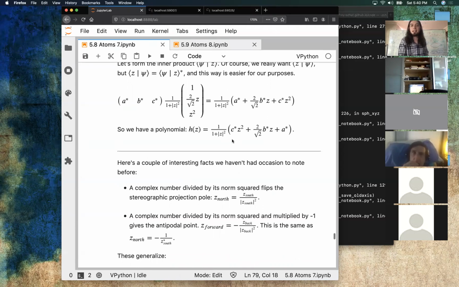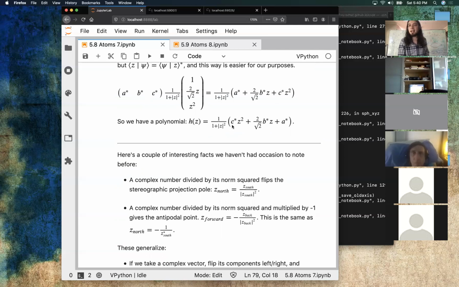And you see already, it looks kind of like the right polynomial, except that A, B, and C are conjugated, and they're all flipped around. So the order has been switched. It's not ABC, it's CBA.